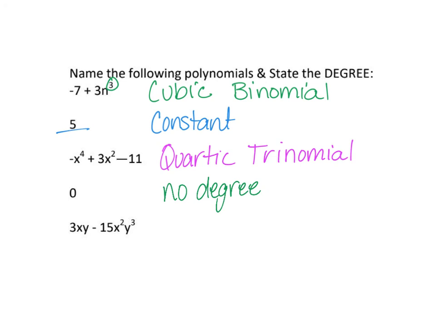So what we would do here is actually add these exponents because it's part of the same term. So we know this is going to be a binomial because there are 2 pieces. We add those together, so that would be a 5 to make the largest exponent. So this would be a quintic binomial. Kind of tricky, I know, but this is just being able to recognize.